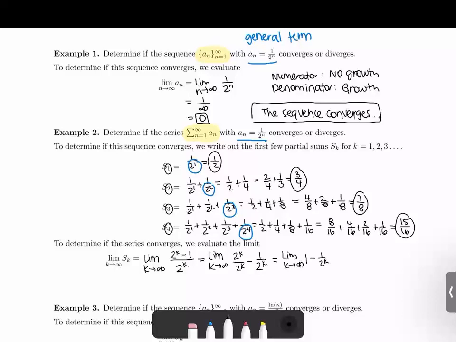And so we know that the limit of any constant is just going to be 1. And so now, whenever we evaluate the limit of 1 over 2 to the k as k goes to infinity, we can see that that's actually the same limit that we did in example 1. So that's going to be 0. And 1 minus 0 here is 1. So that's our limit. It's 1, it exists, and it's finite.